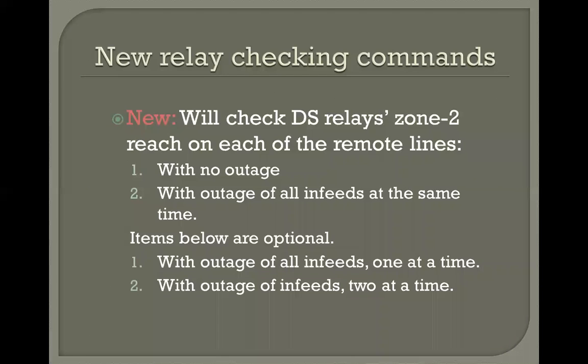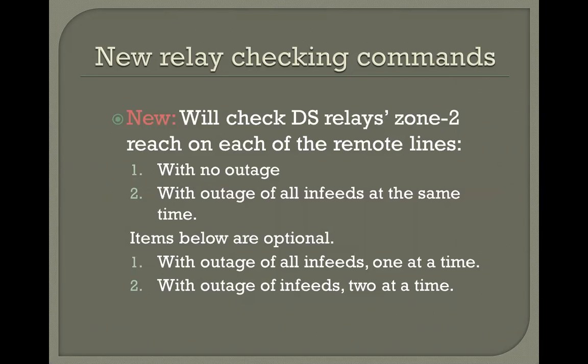Okay, so the program will do the following checks, and for each one it would find out how far the relay reaches on a remote line. So the first scenario, with my mouse pointing, is with no outage of any kind.